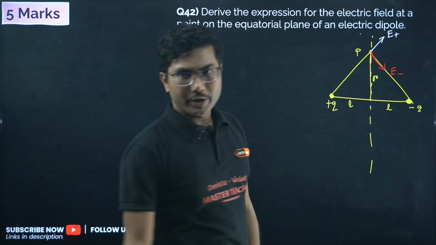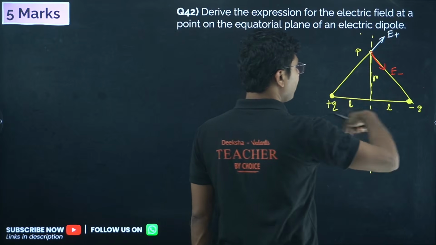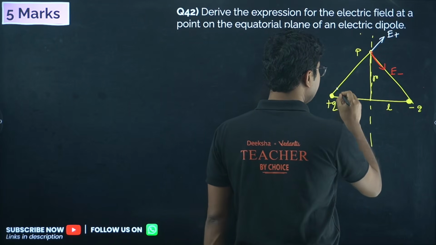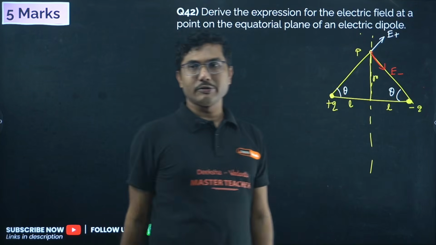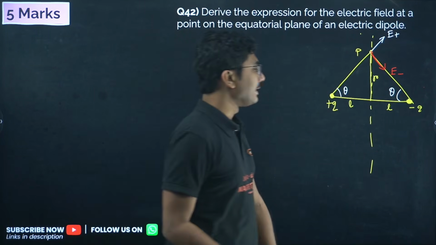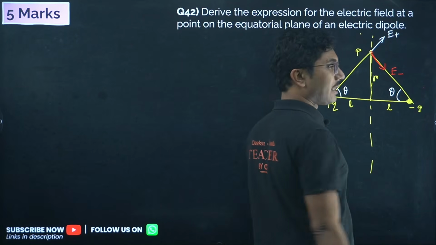Now this is not over, because it's a dipole and this is equatorial plane. This angle will be theta, both angles will be theta. It will be an isosceles triangle, and in case of isosceles triangle, the base angles become same.